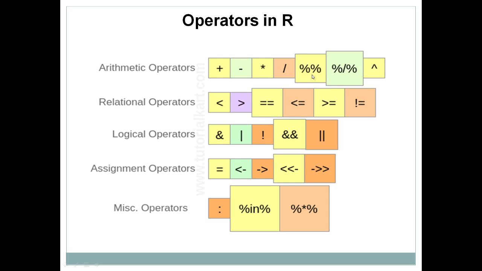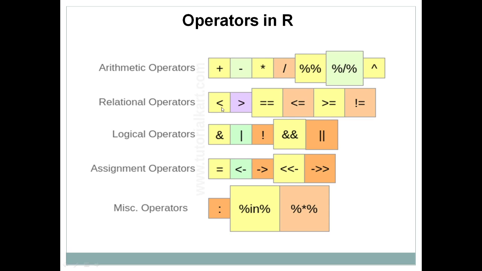The modulus operator is represented by double percent. In most languages percent is used for modulus, but in R, double percent is used. Percent slash percent is used for integer division, and the caret sign is used for exponentiation.